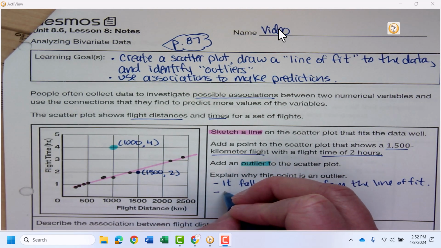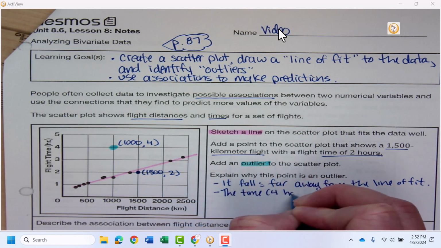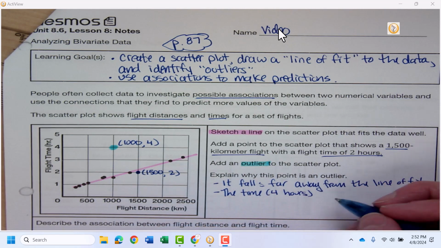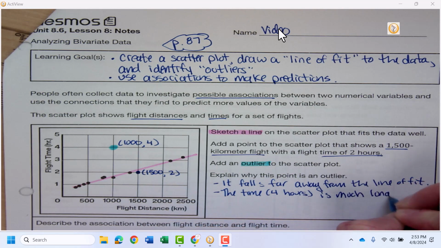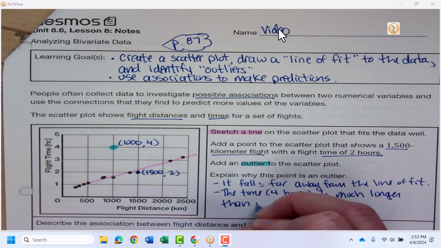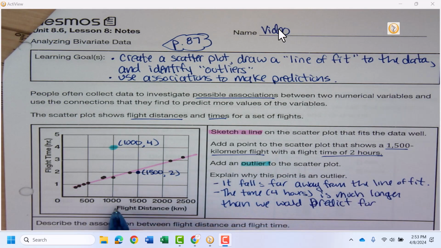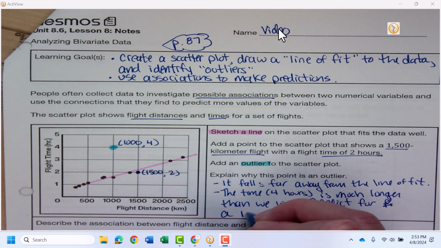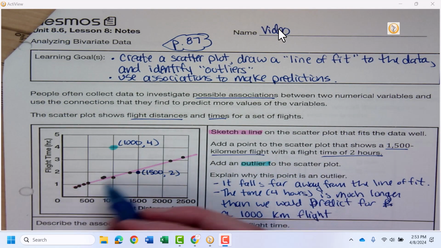Let's see, how can I say this? The time, 4 hours, is much longer than we would predict for a 1,000 kilometer flight. According to our scatter plot, a 1,000 kilometer flight should not take that long.